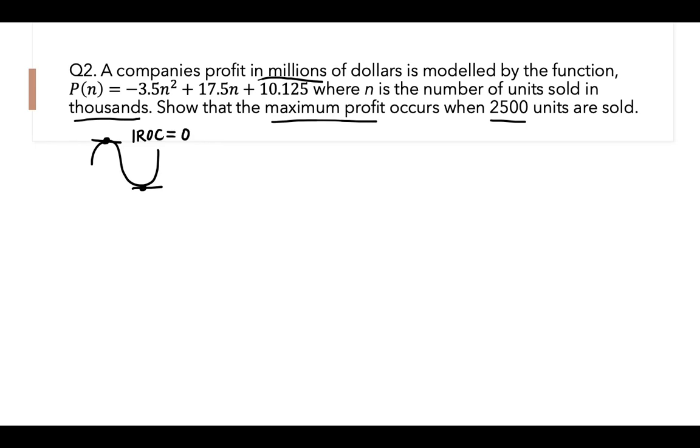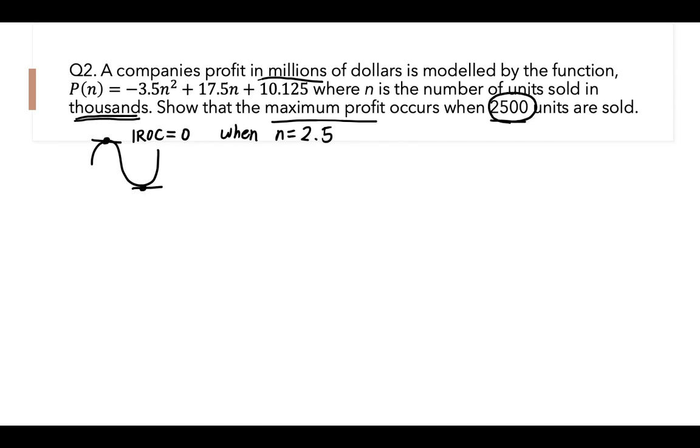So we need to prove that it's 0 when n is equal to, so the units is in thousands, so it must be 2.5 units, because it's 2,500 and the unit is in thousands.